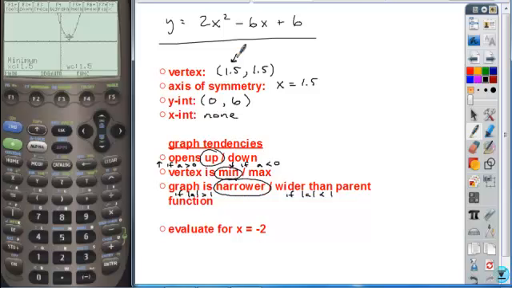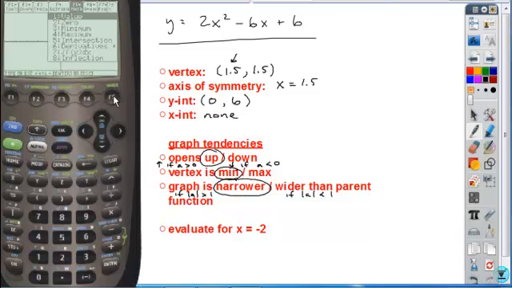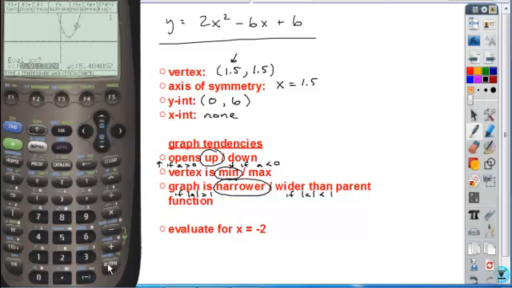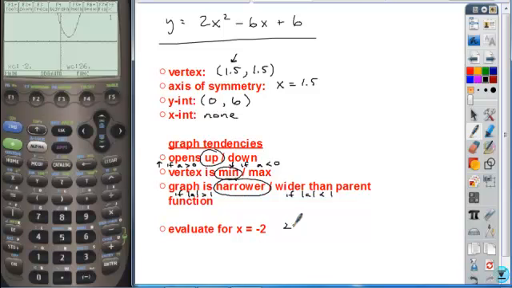It's just the vertical line through the x-coordinate of the ordered pair of your vertex. Okay, since there's no x-intercepts, I can go ahead and just evaluate for x equals -2 right now. That's also located in that F5 Math tab. It's under value, so I can just choose number 1 value and then type in -2, and it's going to evaluate when x is the number I typed in, and so it gives me my answer of 26.